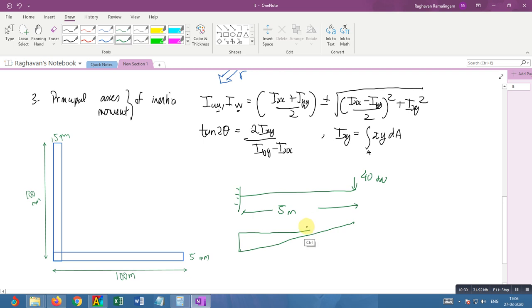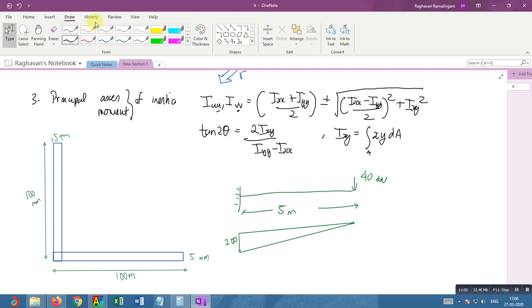It's going to be a triangle. Let me make it a nice triangle. All right. And the value of this is going to be 5 times 40, 200.